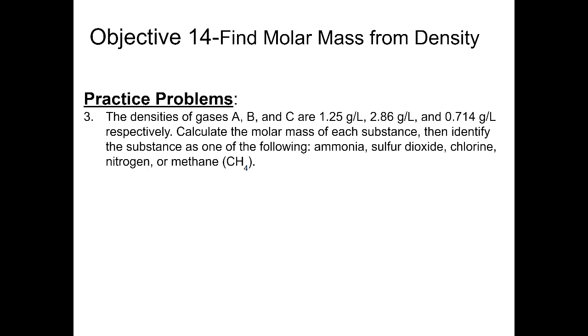We end up getting, I'm going to have to use the calculator for this one, 64.1, which, ding, ding, ding, we do have a winner. We have something that exactly matches our letter B. So we are coming to the full conclusion that B is sulfur dioxide for sure.